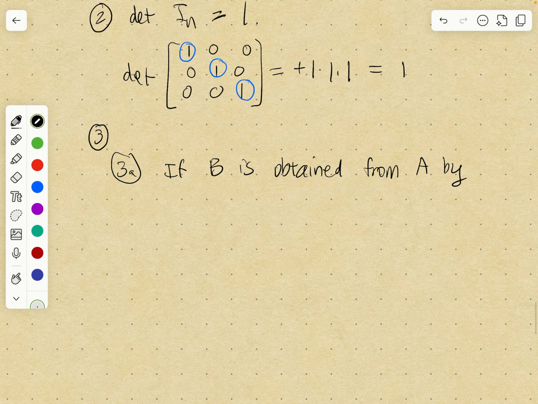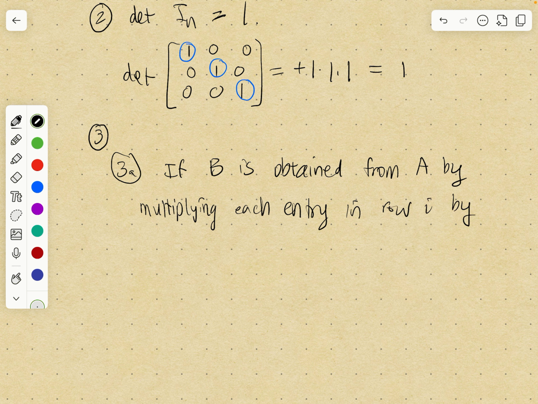So if B is obtained from A by multiplying each entry in row I by a scalar C, which could be 0, then the determinant of B is equal to C times the determinant of A.